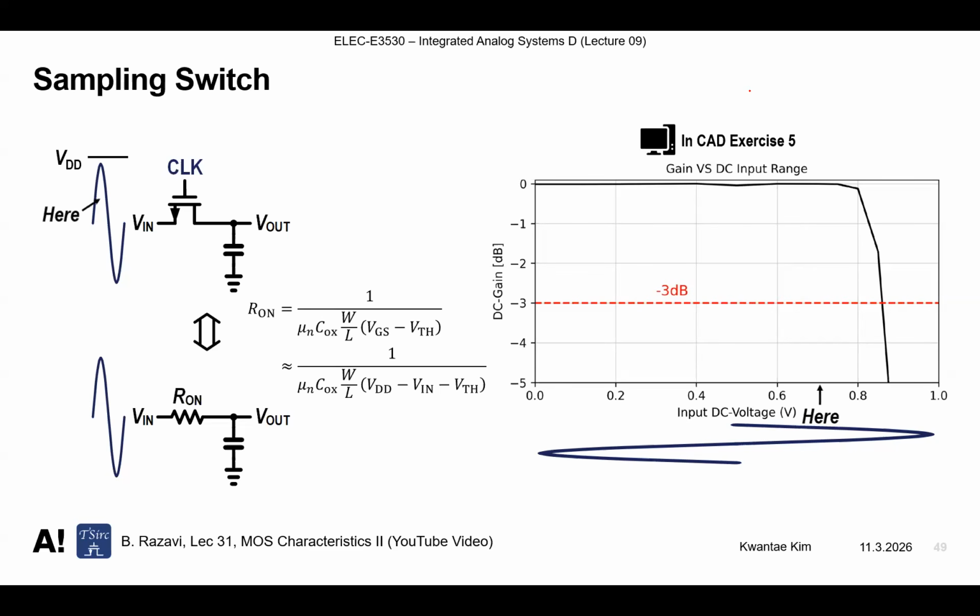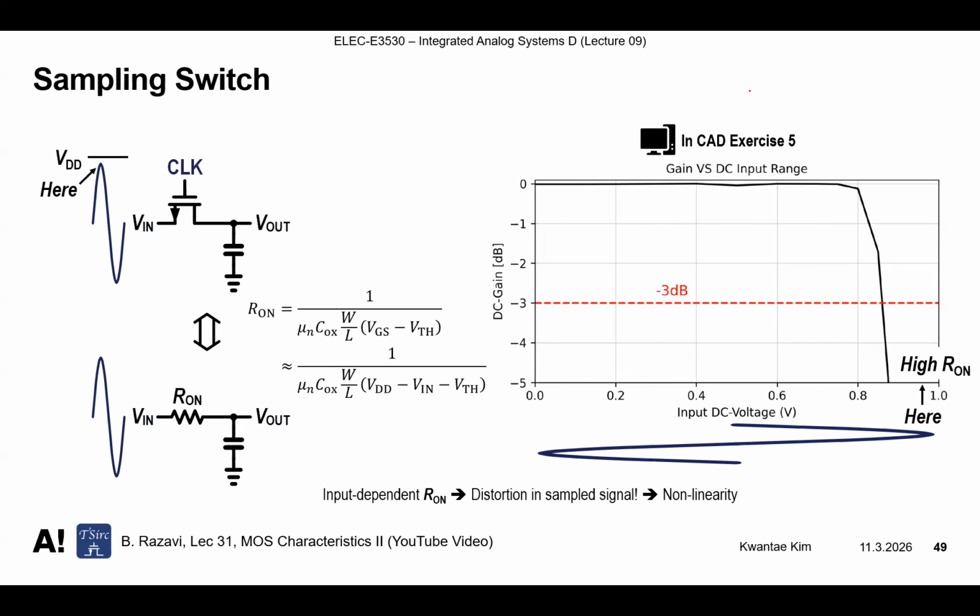But as we move to the high value, the on resistance becomes high. That gives an input-dependent R on, which leads to distortion in the sampled signal, that is, non-linearity. We can discuss linearity in the later slides, but you can intuitively understand what is going on: the high values of the sine wave get squeezed out.